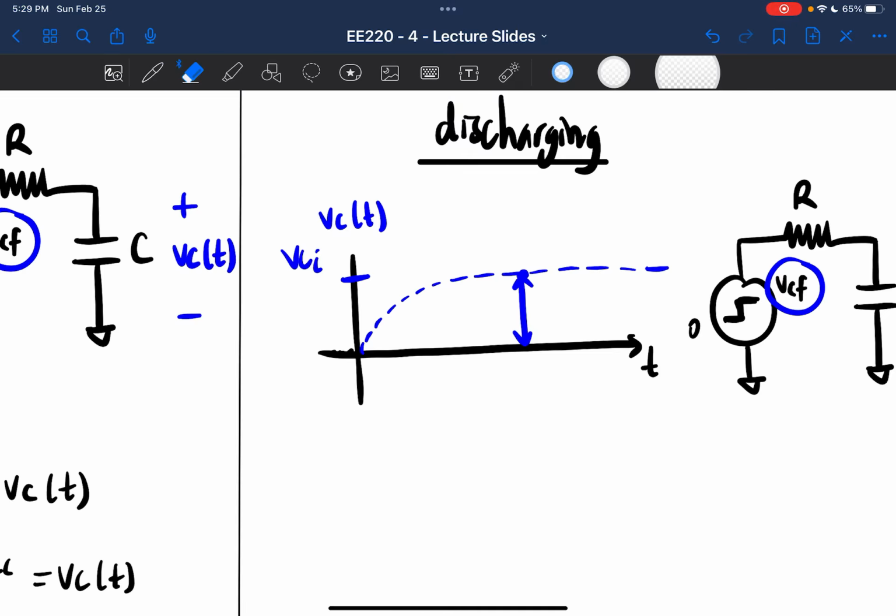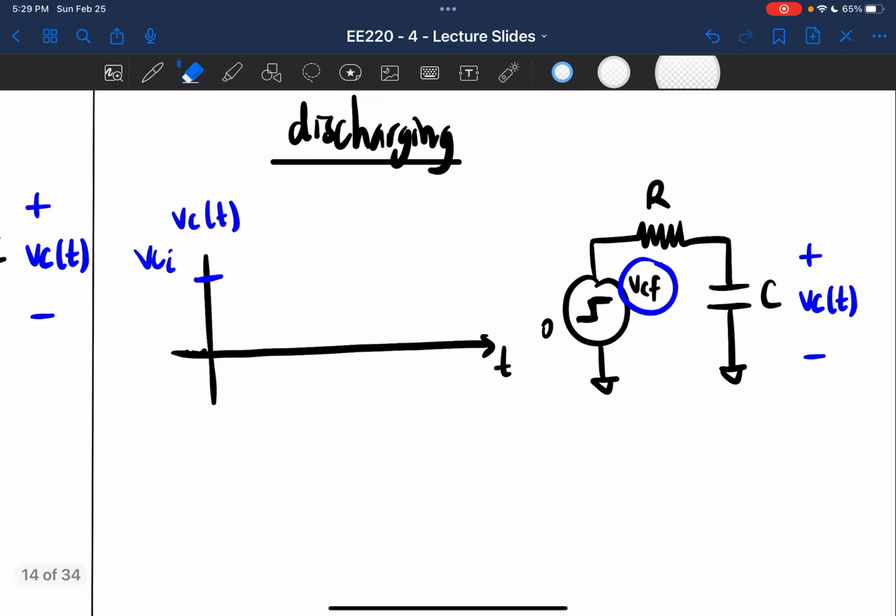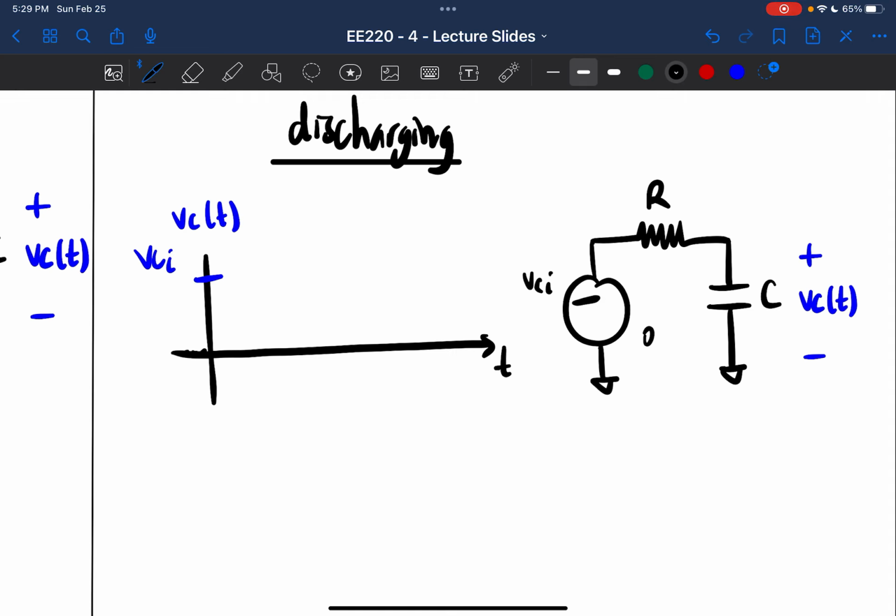And instead of this growth, let me get rid of that, and let me get rid of this, and then I can move this here. VC initial, so my pulse source is now pulsing from some voltage down to 0, okay?